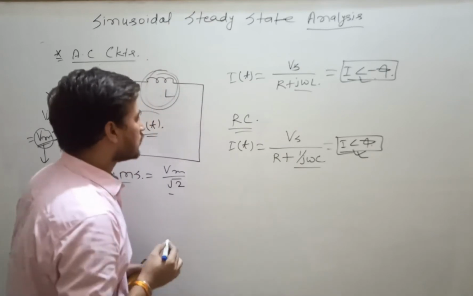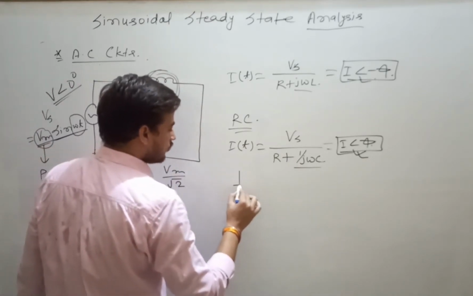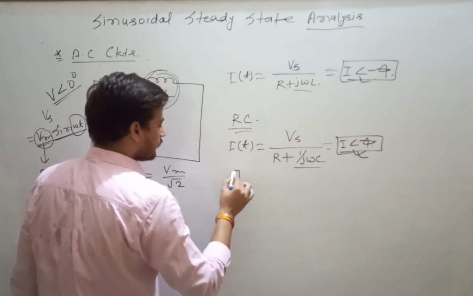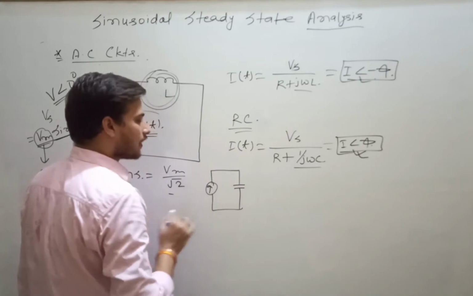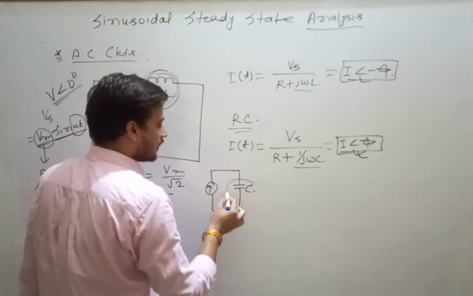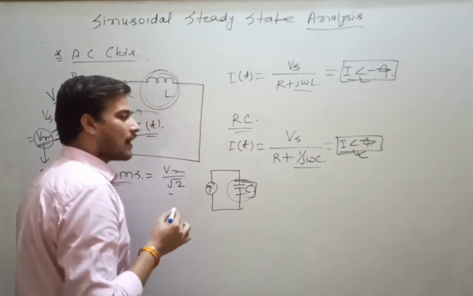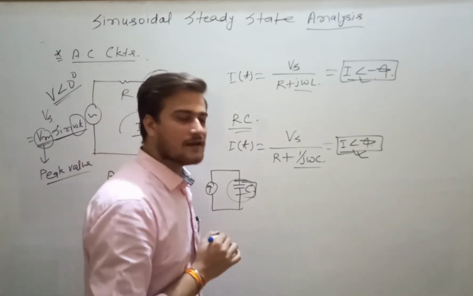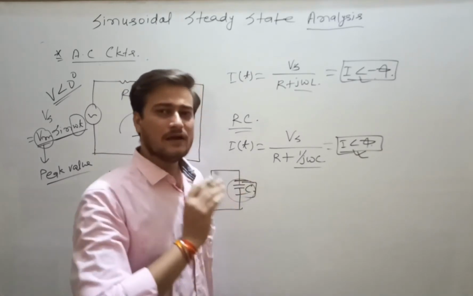Why? Because when you are giving some current in the capacitor, the capacitor acts as a short circuit initially. When the capacitor is acting as a short circuit initially, then you will see the voltage across the capacitor will be 0.